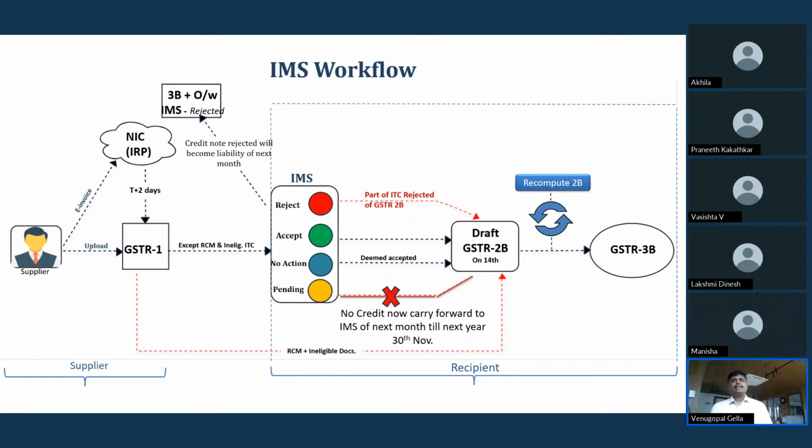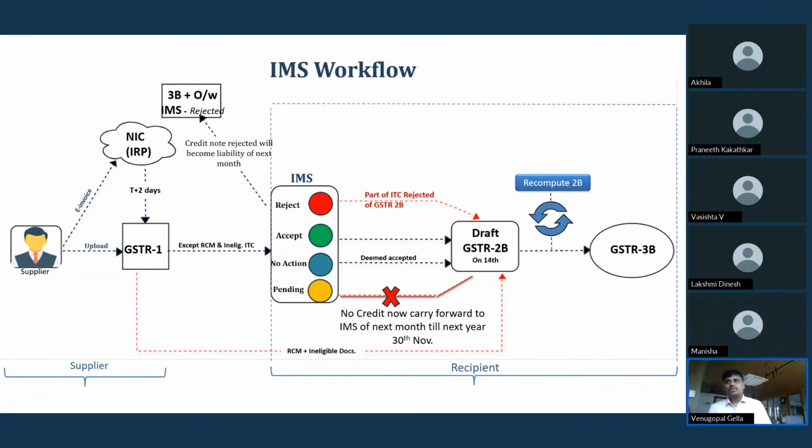Second, the supplier has filed his R1, but he filed his R1 late. What do I mean by late? He didn't file by the 11th. It will come to your IMS dashboard. You will accept the invoice, but it will travel to the GSTR2B of the next month.